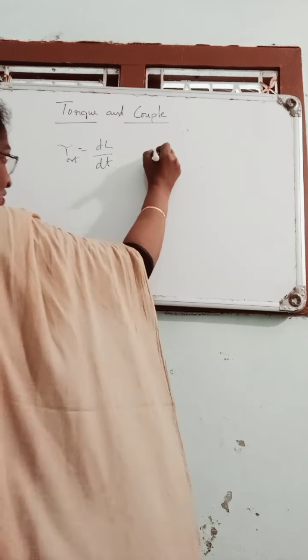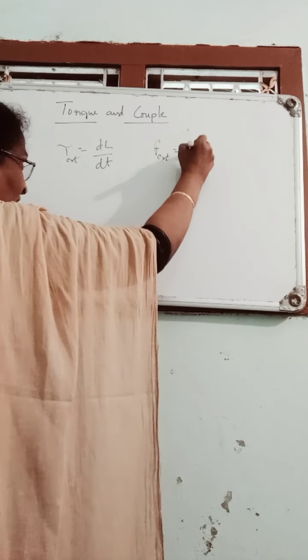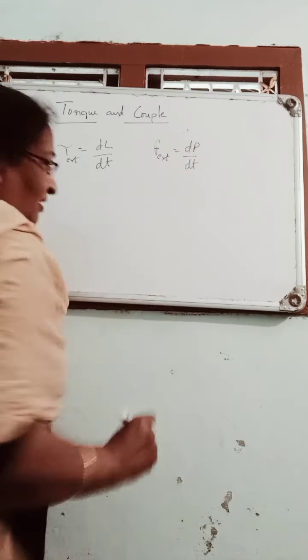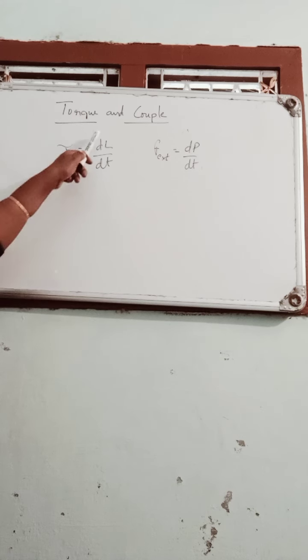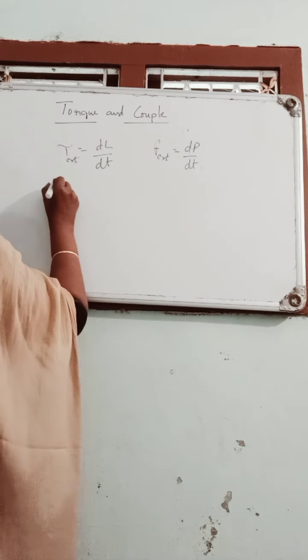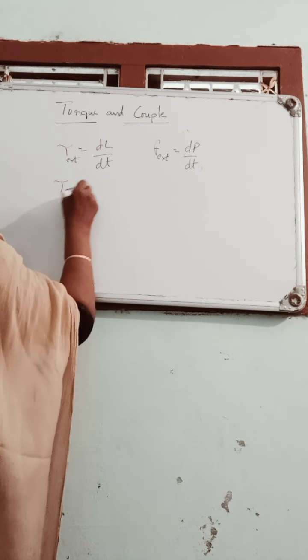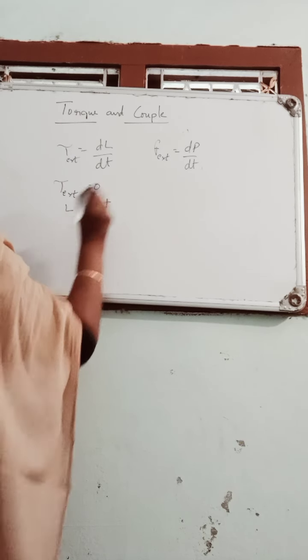In linear motion, the external force F external is equal to dP by dt. The rate of change of linear momentum is proportional to the net external force. Similarly, the rate of change of angular momentum is proportional to the net external torque.